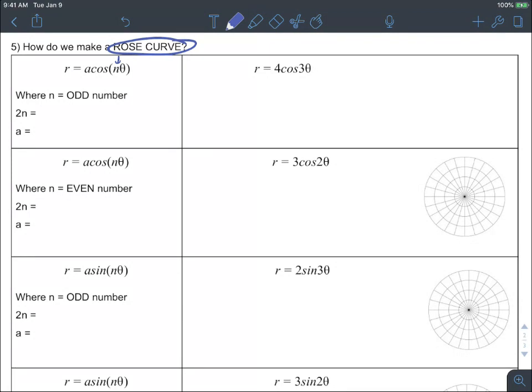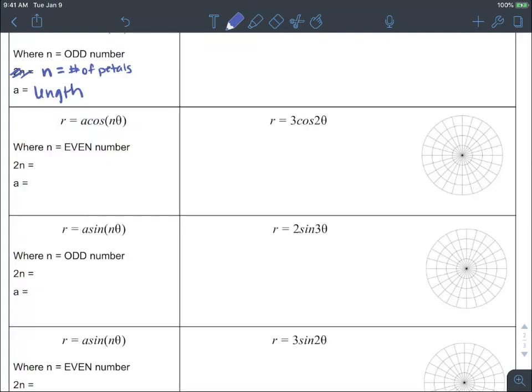So that affects how fast we complete a cycle. So if the n is odd, then n will equal the number of petals. Okay. And so if the n is odd, it's the exact number of petals, and a is the length of the petals. Okay. Let's just keep going here.